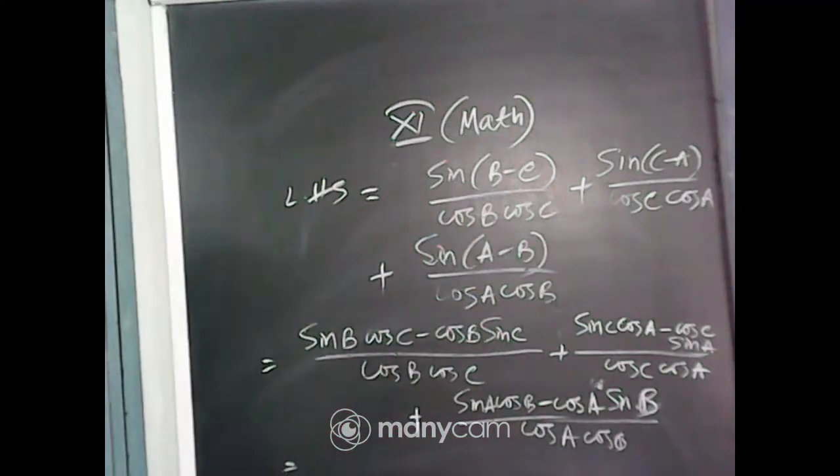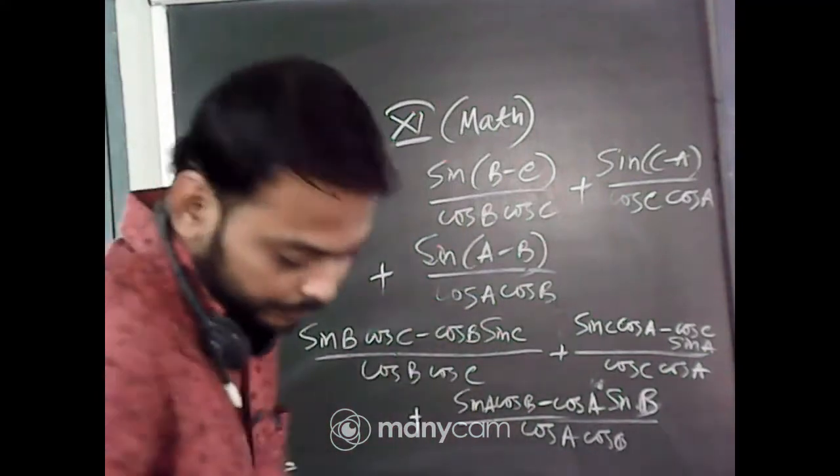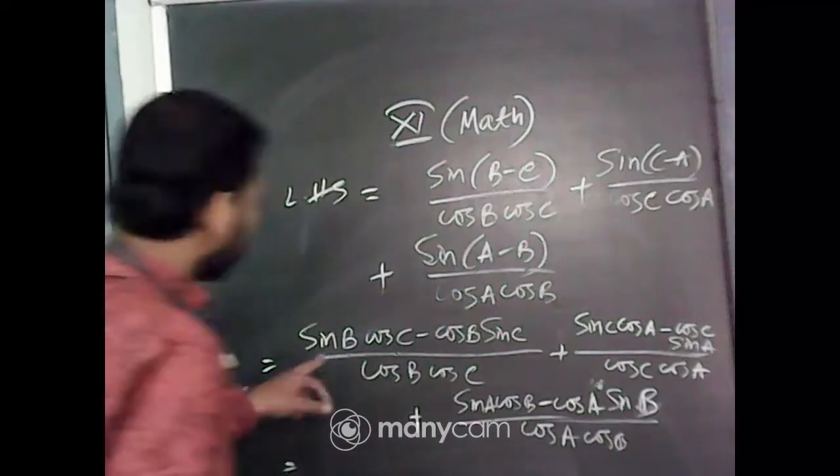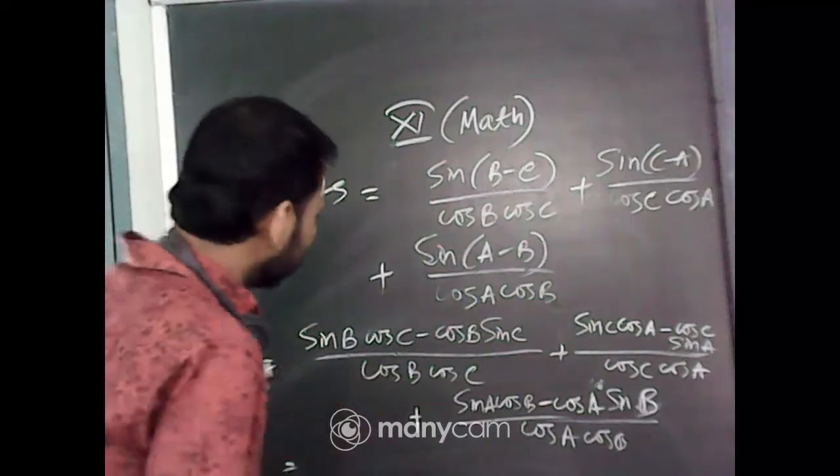Okay. Now after simplification it will give you first portion, you have to distribute the numerator.